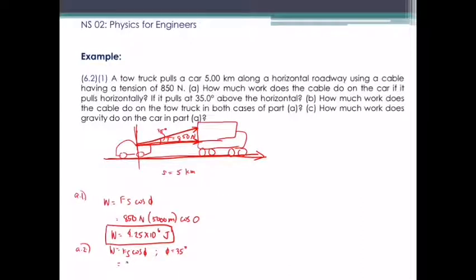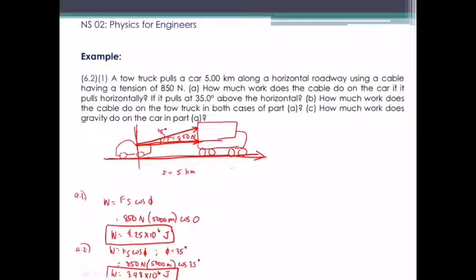Still the same tension and displacement of 5,000 meters, then cosine of the angle phi, 35 degrees. So the work is 3.48 times 10 to the power 6 joules. Of course, if you pull the car straight horizontally, more work is done on the car.